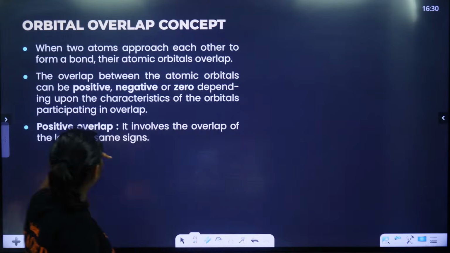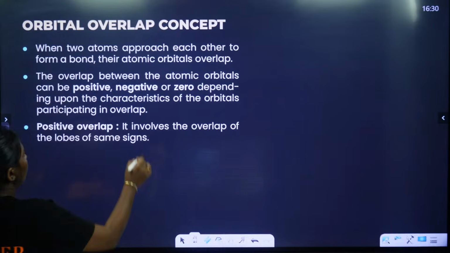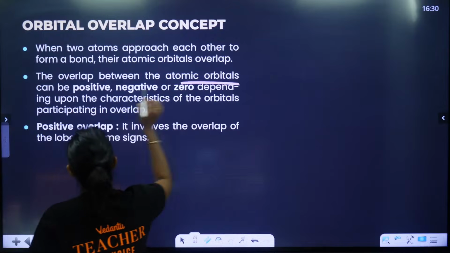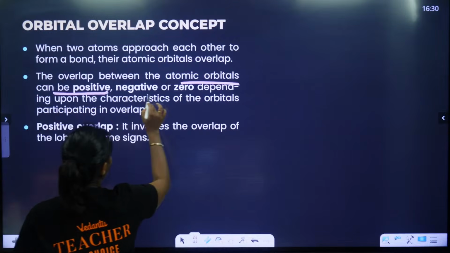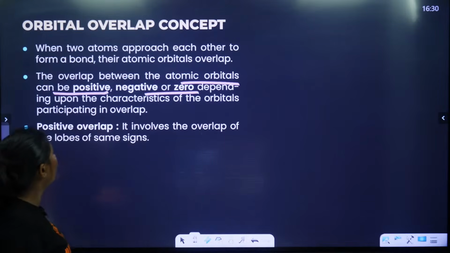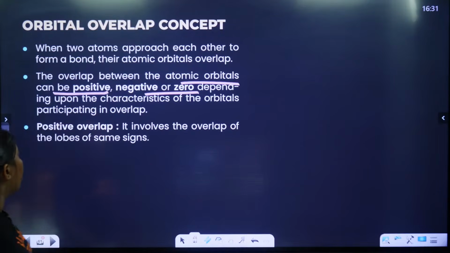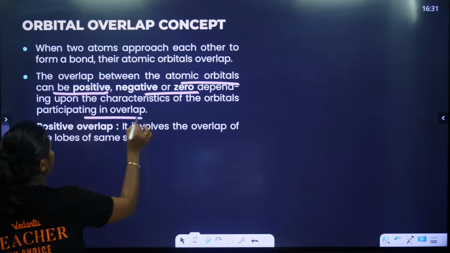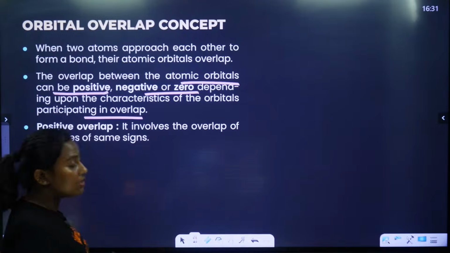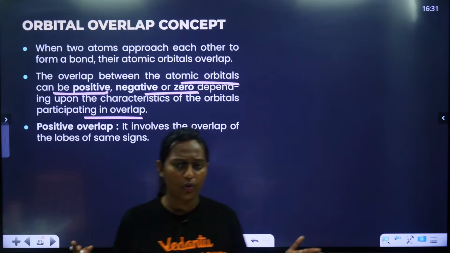Next, the overlap between the atomic orbitals can be positive, negative or zero depending upon the characteristics of the orbitals participating in the overlap.